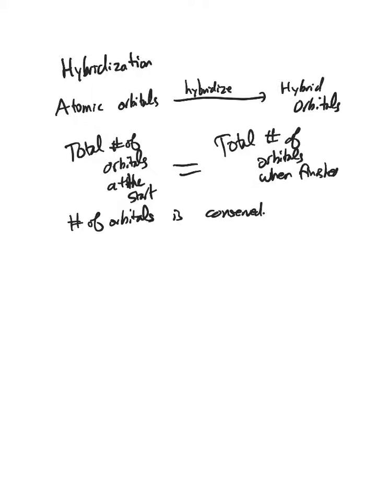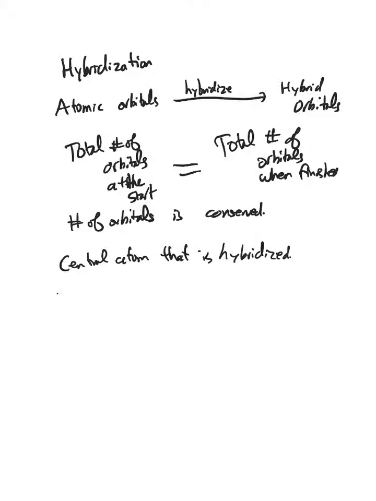So you've got the law of conservation of energy, law of conservation of matter, and now we're going to conserve orbitals. When we do this hybridization, it's always going to be the central atom that is hybridized. So that's something else to keep in mind. Only the orbitals on central atoms can undergo hybridization.